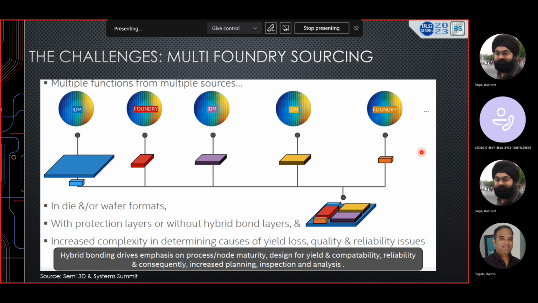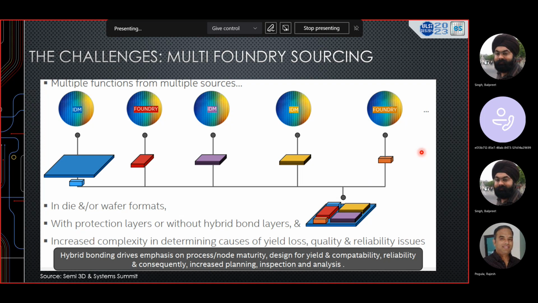As you can see, the silicon could come from different foundries. How do you stitch all of them together into one product? Is it really possible? Even today, designing in the same foundry, there may be multiple challenges with the chiplet ecosystem. But coming from different foundries, think about it, it's going to be multiple challenges.